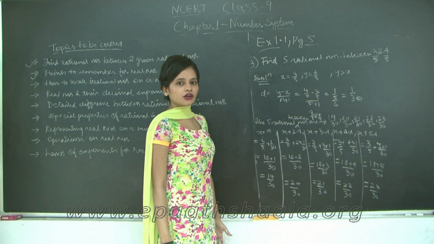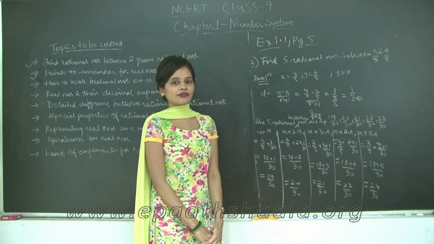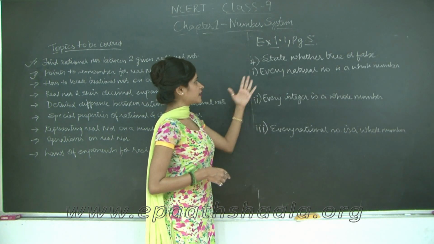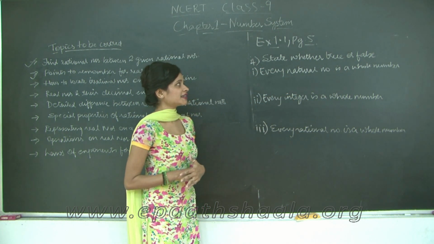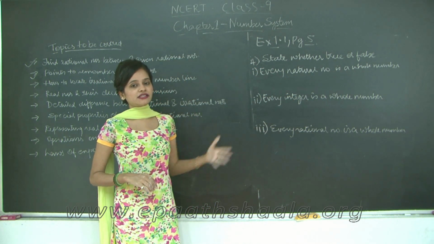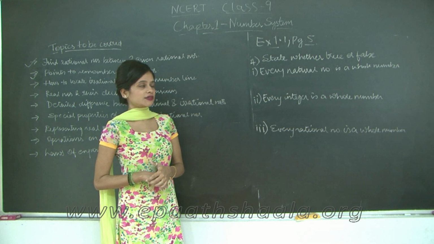So we have solved our third question. Let us go ahead and solve the fourth question. We are on the last question of this exercise, and we need to state whether the following statements are true or false. We will also give reasons for the same.